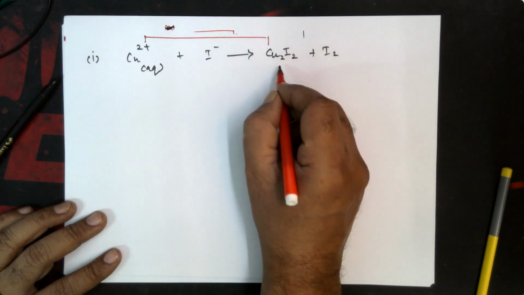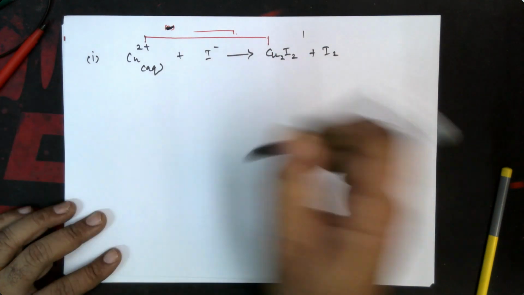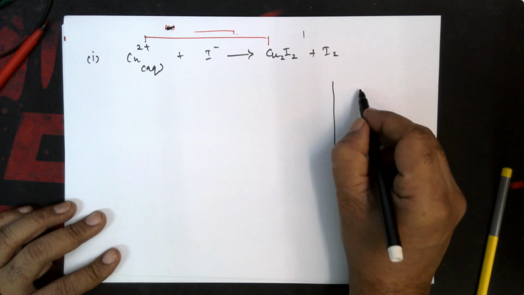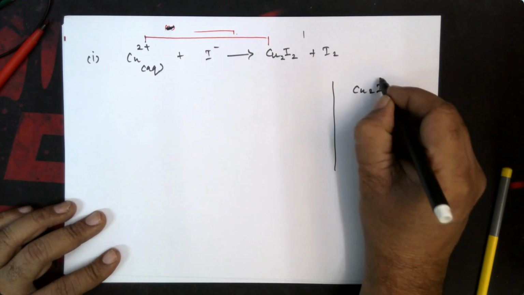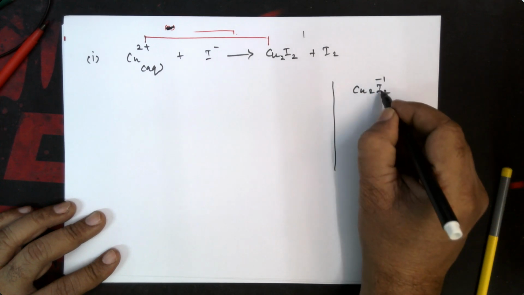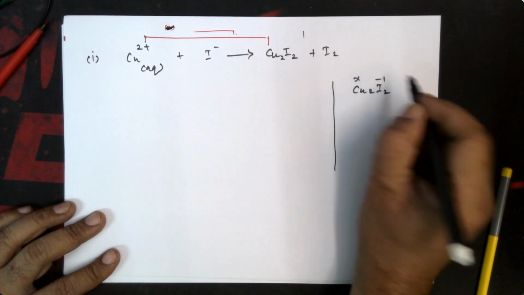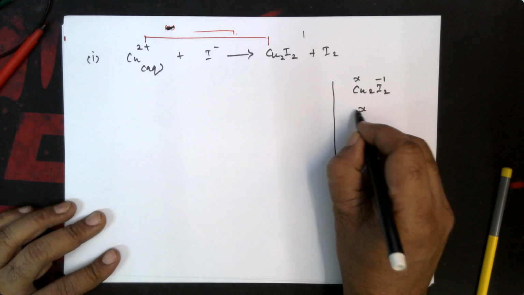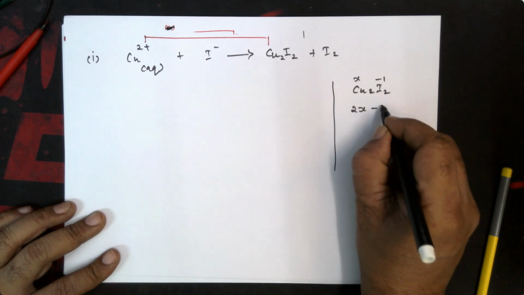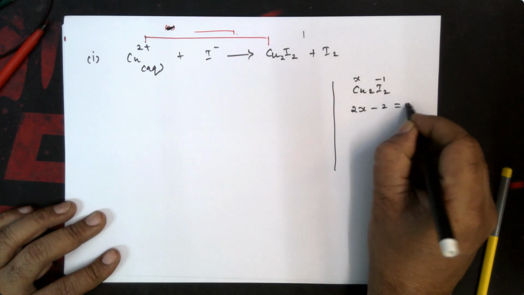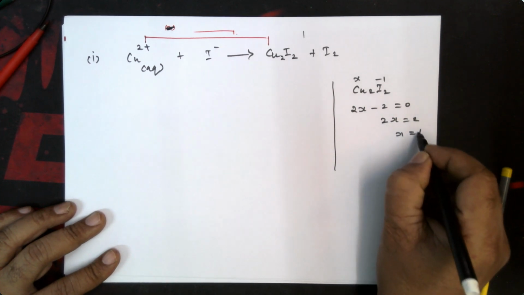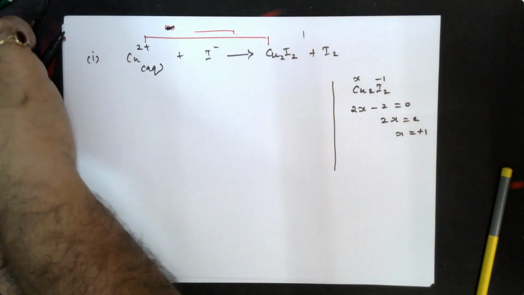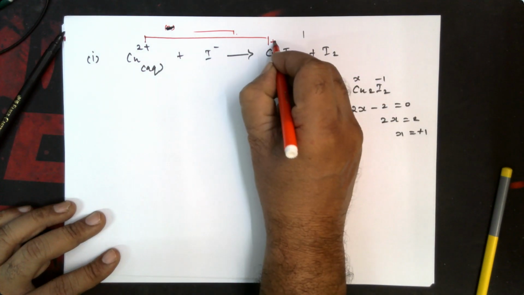How to find out? You can work it out like this. Cu2I2: I is minus 1, Cu is x. So definitely 2x minus 2 is equal to 0, 2x is equal to 2, x is equal to plus 1.